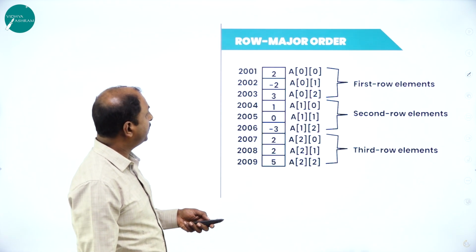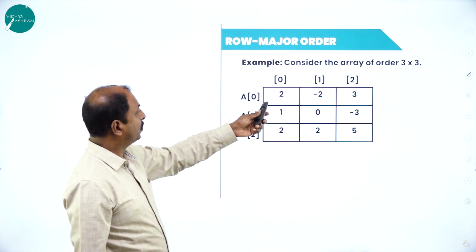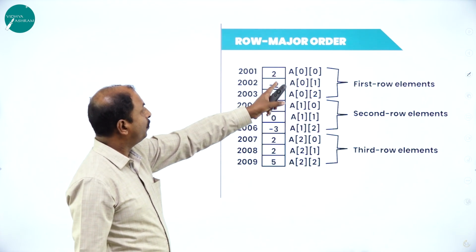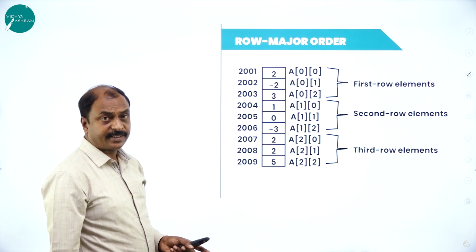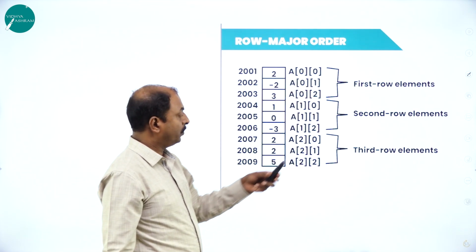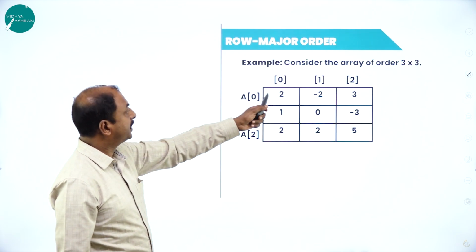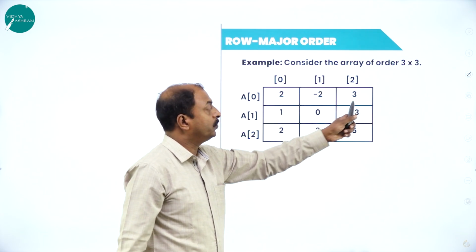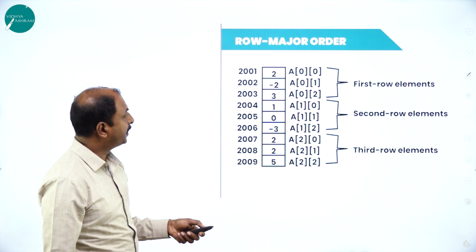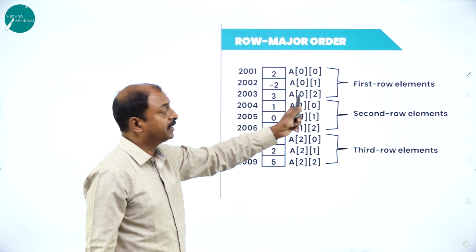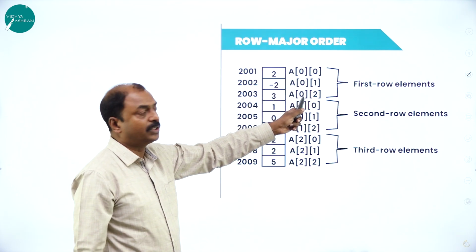Just to observe, in this example, the index of 2 is 0, 0, then 0, 1 and 0, 2. These are the first row elements.